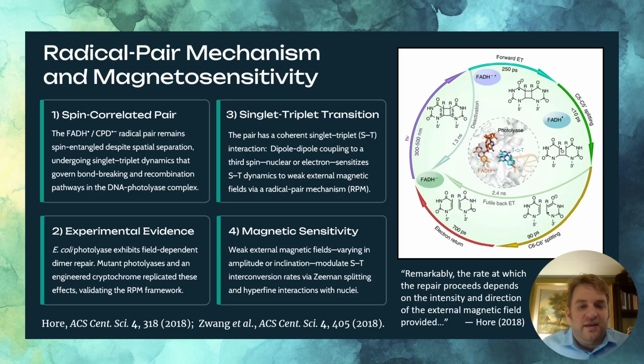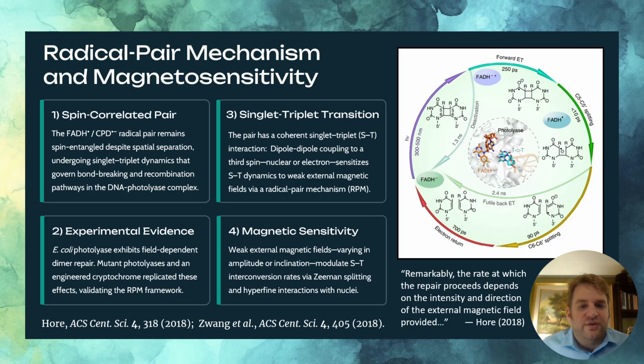So in the conventional radical pair model, there is a pair of electrons. Electrons usually are paired up in a molecular bond, but when the photoexcitation occurs, now one of the usually static electrons in the pair becomes excited, and as we've discussed, of course, is transferred to the DNA lesion.